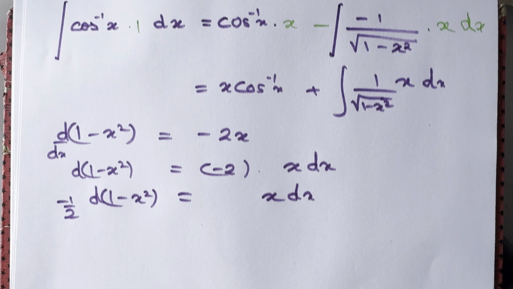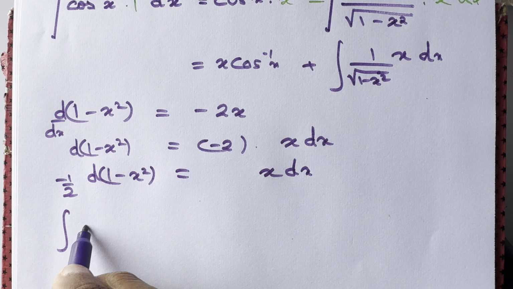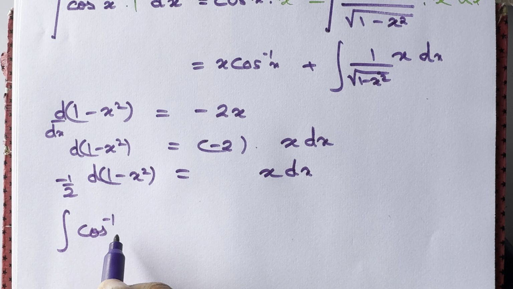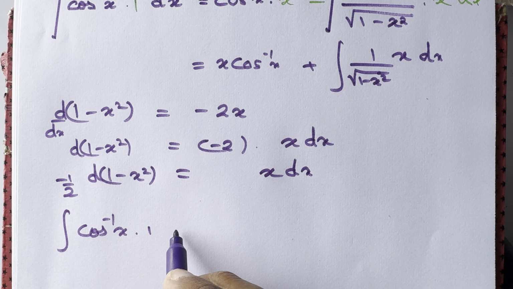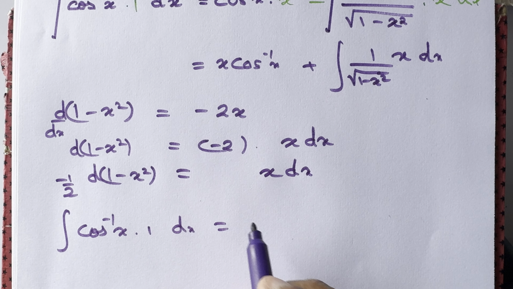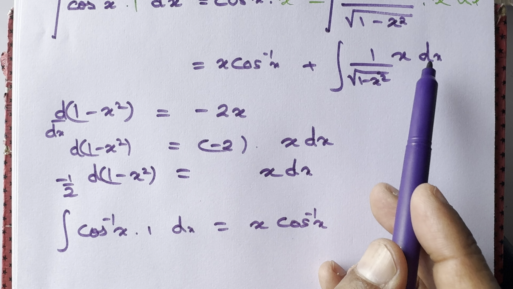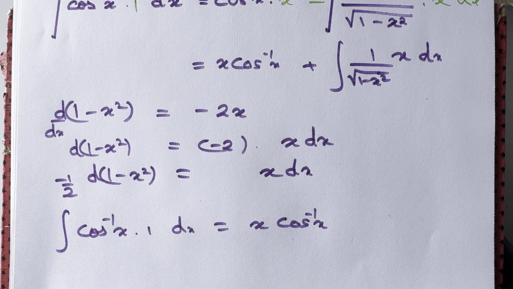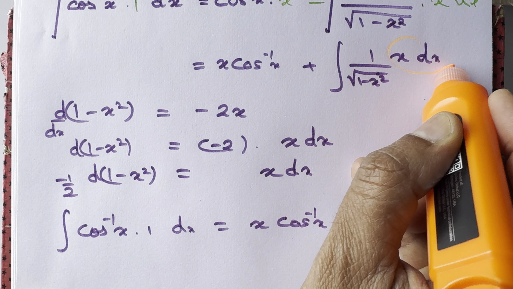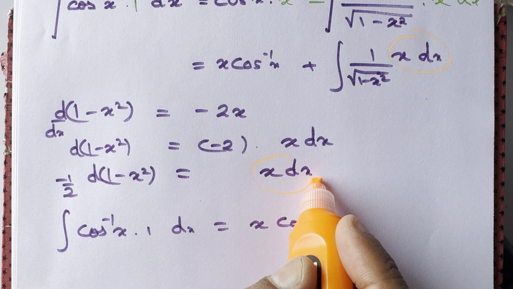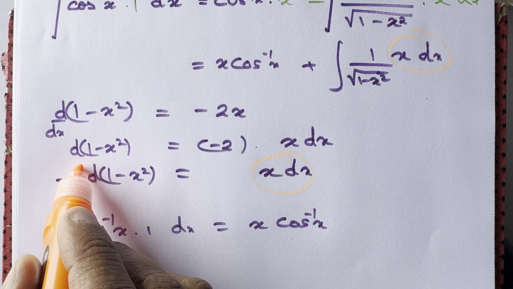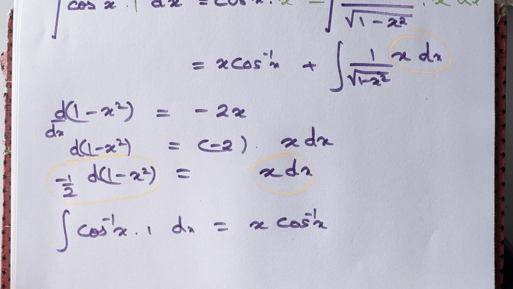So we can write the integral of cos inverse of x times 1 dx as equal to x cos inverse of x. And then this expression x dx is simply minus half of d of 1 minus x square.